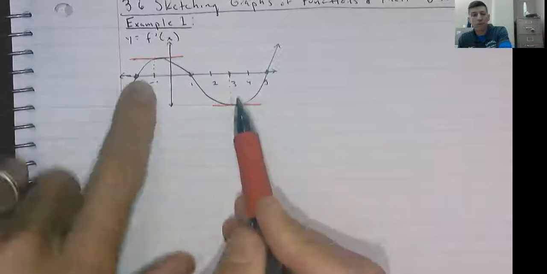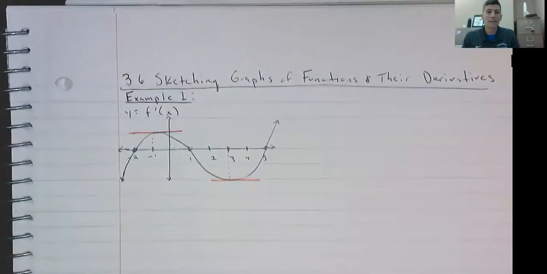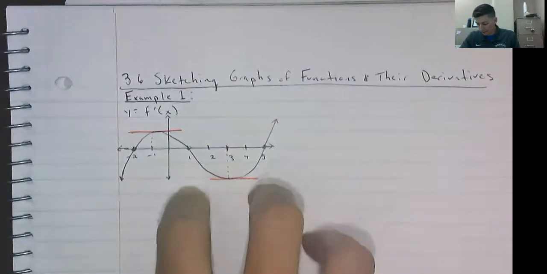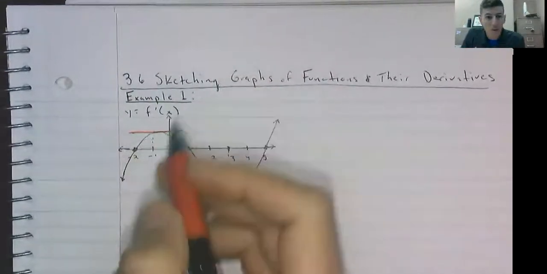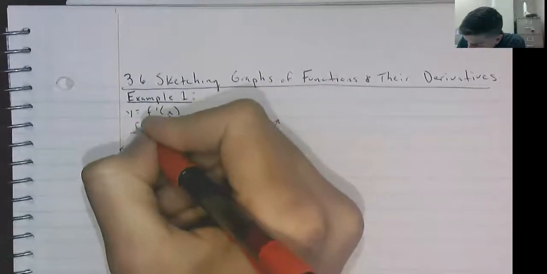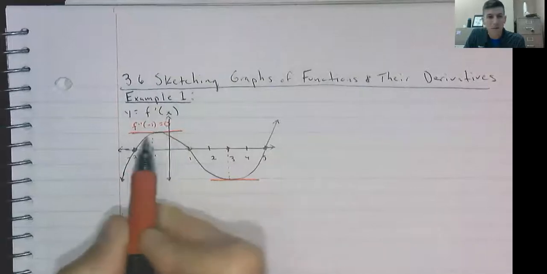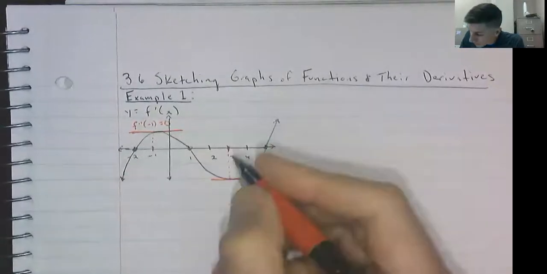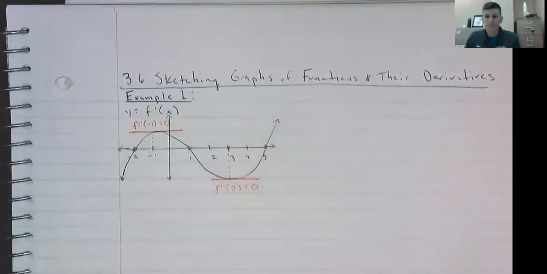So at -1 and 3 is where we have second derivatives whose value is 0, which could be important. Okay, so sort of just aggregating all of the information that we have. And actually, let's be explicit about that, that this horizontal tangent to our first derivative means that f double prime of -1 is 0, horizontal tangent, slope of 0, and so too f double prime of 3 is equal to 0.